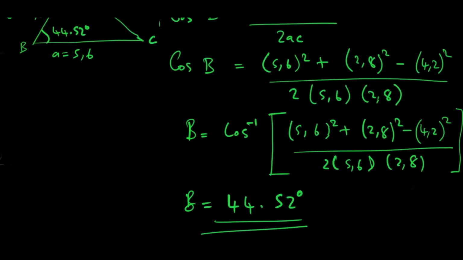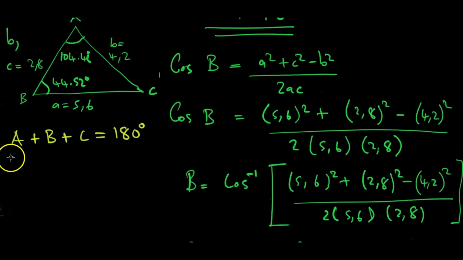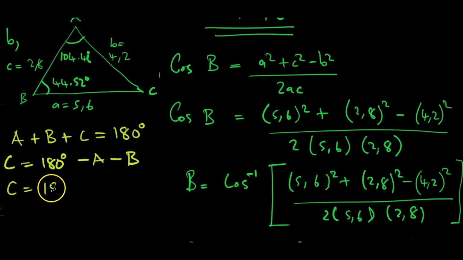Kana takutsvaga c manje, we are just going to use the sum of interior angles like this. Kureva kuti c inge equal to 180 degrees subtracting a ndi 104.48 subtracting ko b ndi 44.52.